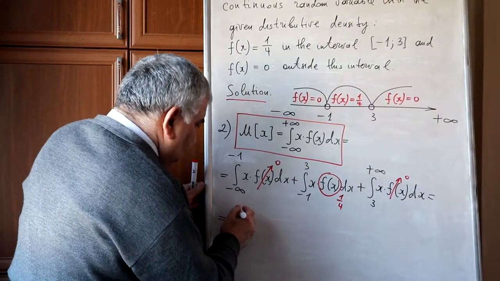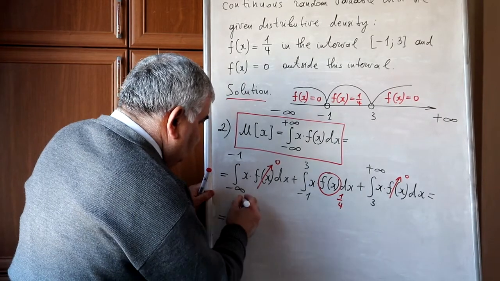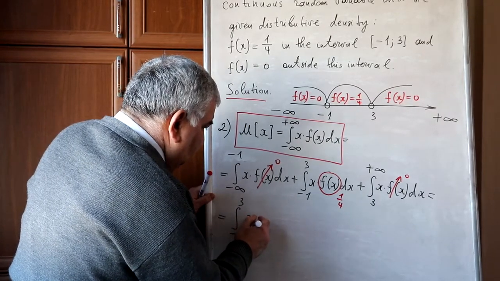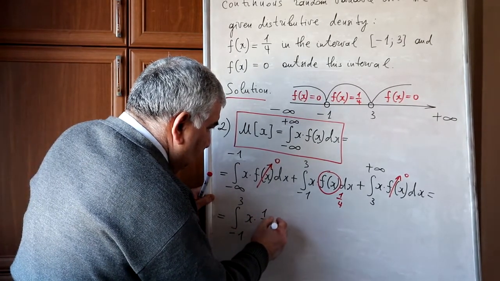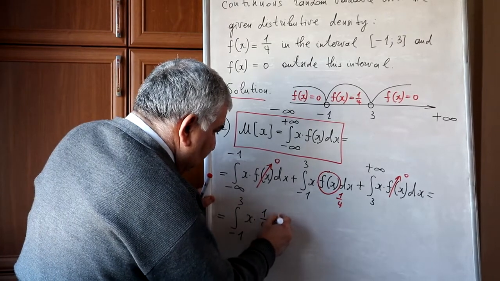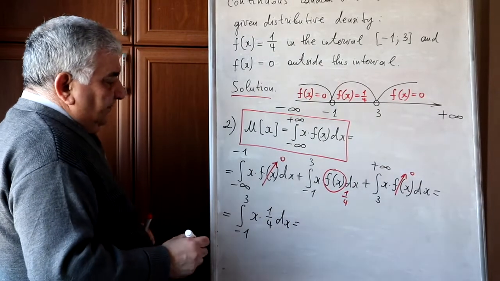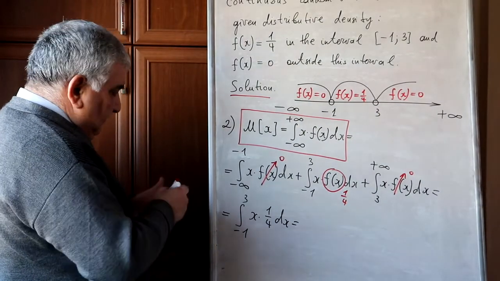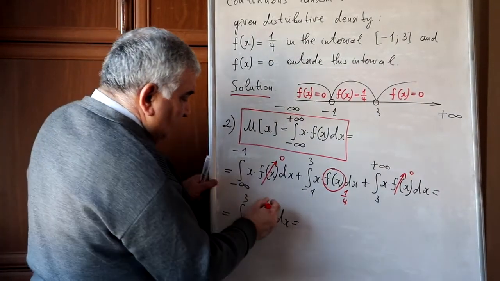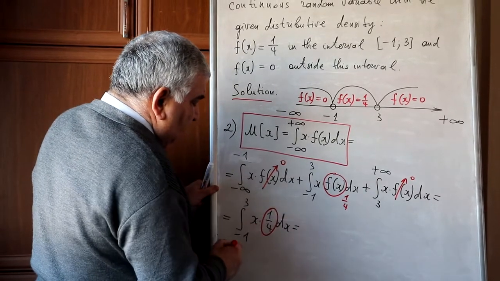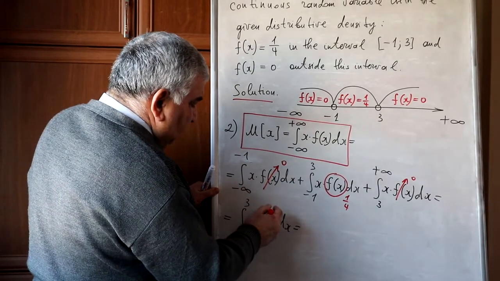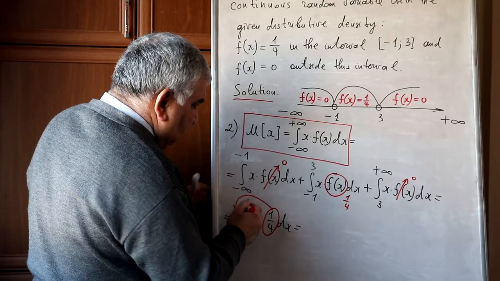Then we have integral from minus 1 to 3 of x multiplied by 1/4 dx. Here 1/4 is the constant factor, and we can take it out of the integral symbol.